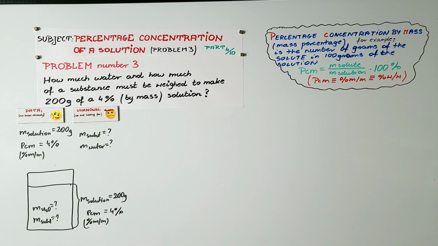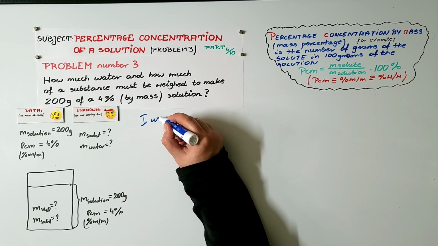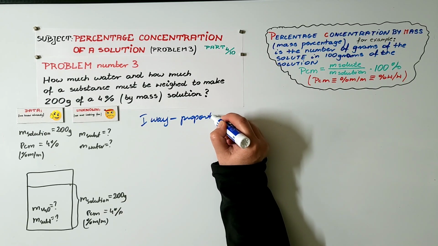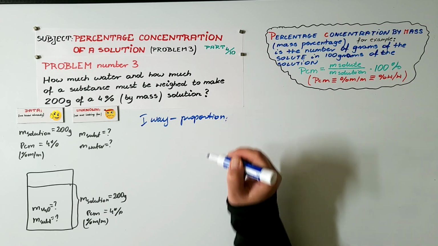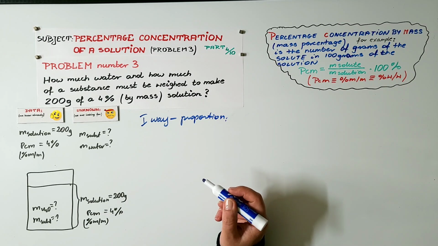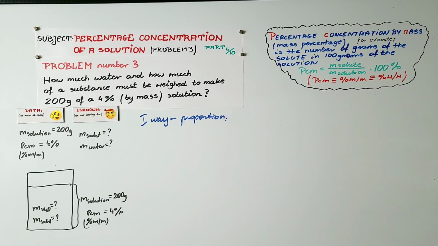Let's solve this problem in two ways, based on proportion and based on formula. First way, proportion. Based on the data provided in the problem, we know that percentage concentration by mass of the solution equals 4%.